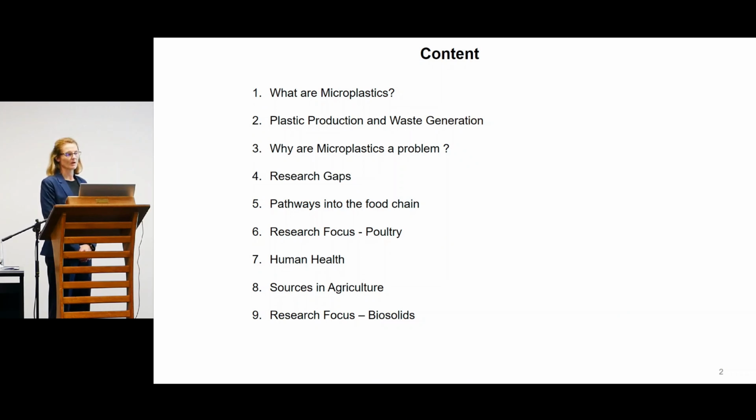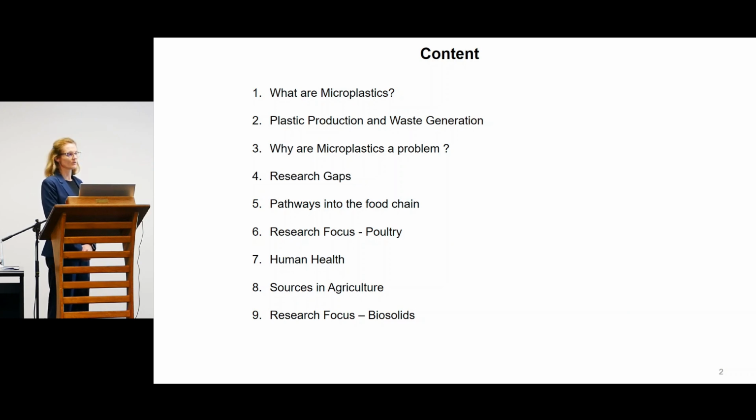We'll talk about why microplastics are a problem, and any research gaps, in particular relating to the food chain, pathways into the food chain, and my research focus, which is a poultry case study investigating pathways.